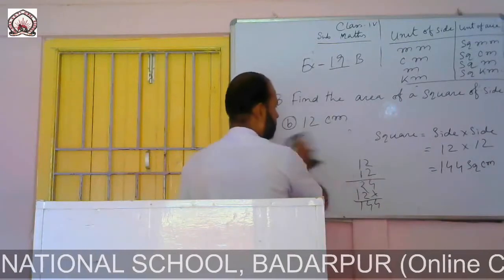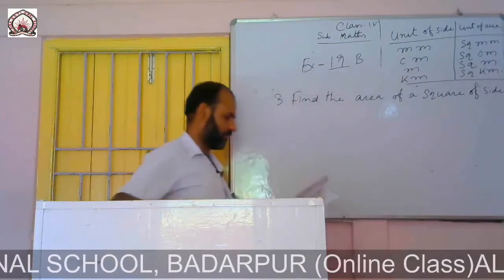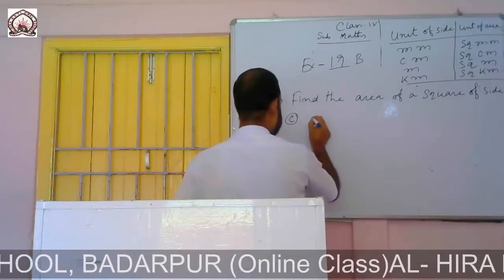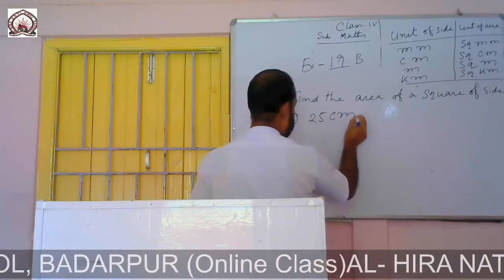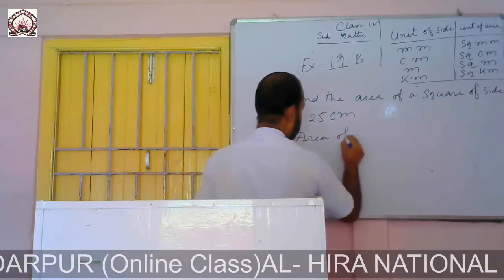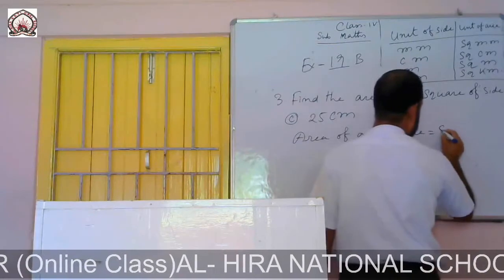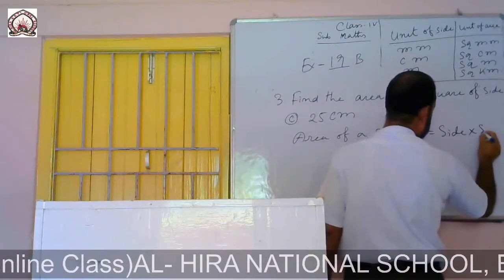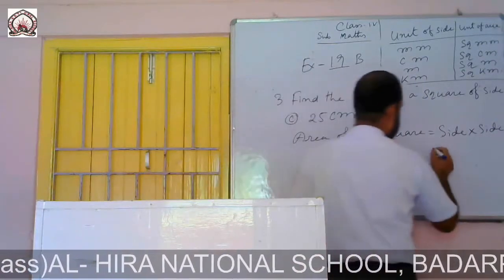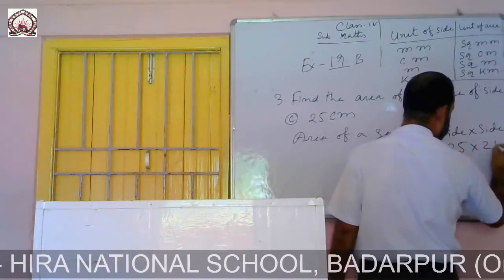Next question number C, 25 centimeter. Area of a square equals side into side. Here side equals 25 into 25.